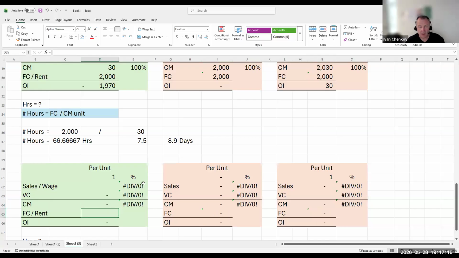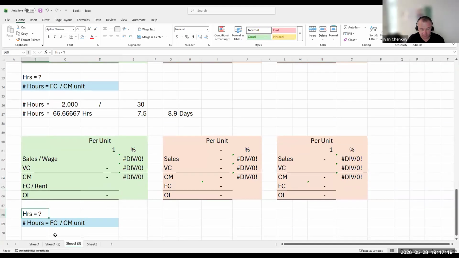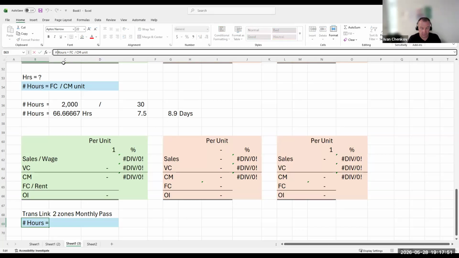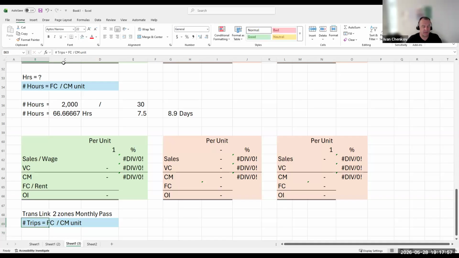If I need to travel and use Translink, and if I live in the two zones and I'm paying monthly, plus I'm getting the monthly pass. So the question is, how many trips do I need to make per month in order to justify the fixed cost that I'm paying?